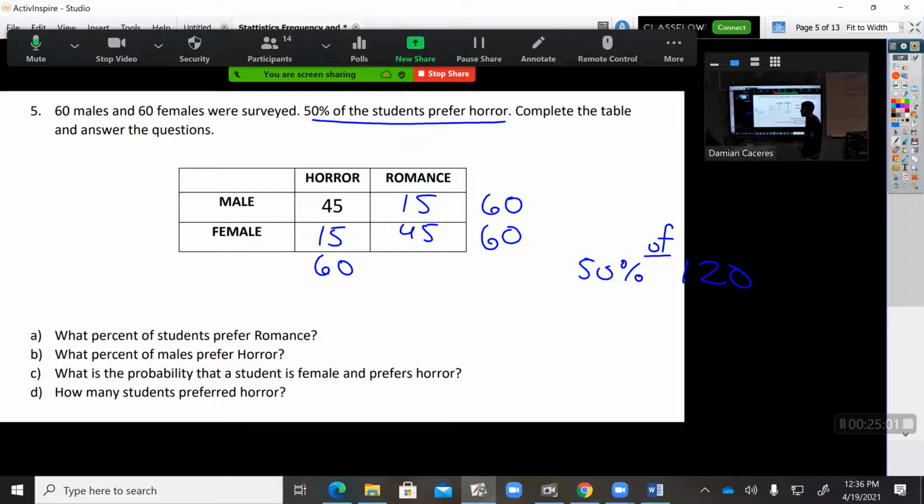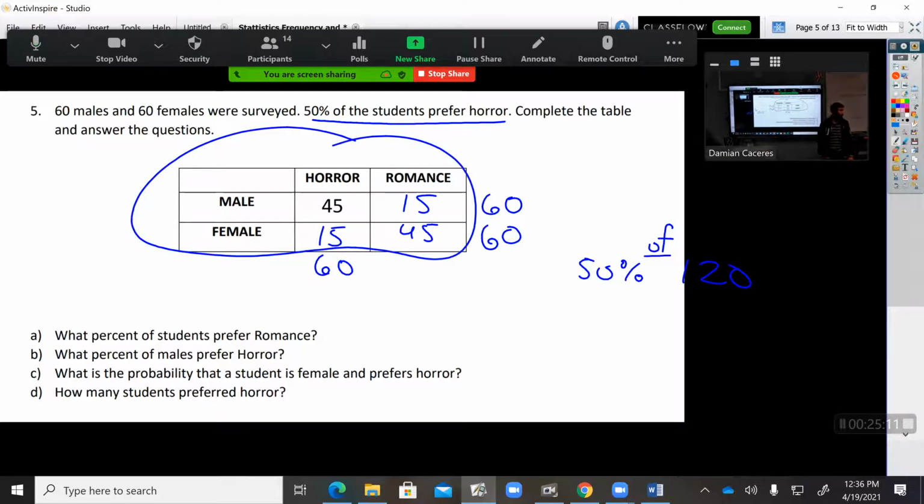Now, can any of you tell me a conclusion like we did on the cell phone and watches? A conclusion that you can come up with according to this graph before I do those questions down there. Anybody at home can try, anybody here can try. Give me a conclusion. It's common sense. When I say give me a conclusion, I just want you to use your common sense to explain those numbers to me in a way where I don't have to look at numbers.